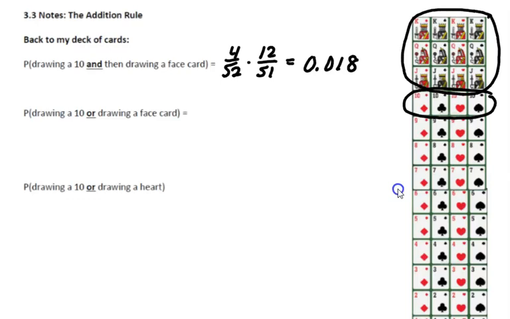So altogether, I could have, I'm sorry, there's not 10, there's 4 10s. So 4 and 12, 16. So there's a 16 out of 52 chance, or about a 30.8% chance that I'll draw either a 10 or a face card, because about a third of the cards are either 10s or face cards.